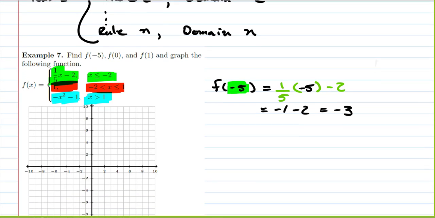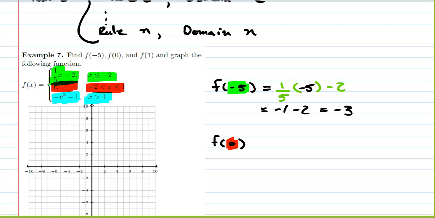To find our next one, f of 0, we have to look at our input 0 and decide which domain it is. Well, is 0 less than or equal to negative 2? No. Is 0 in between negative 2 and positive 1? And the answer is yes.